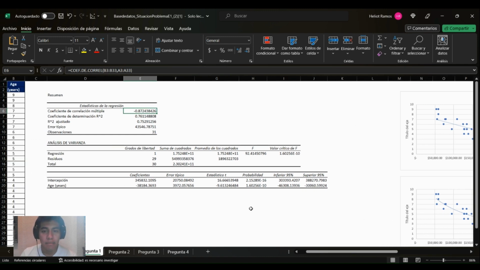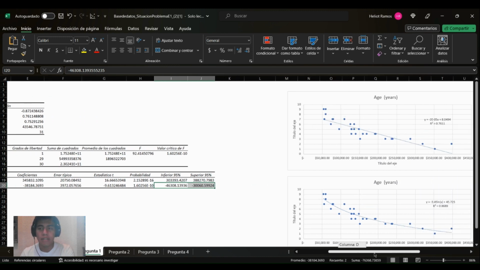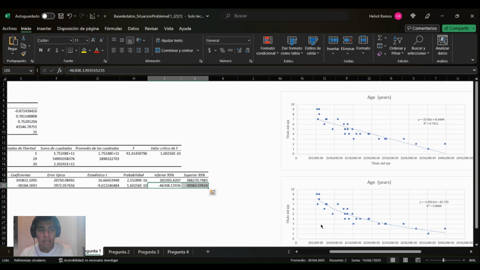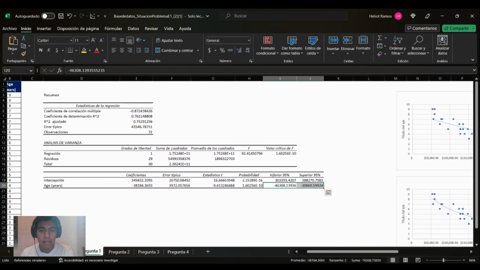This can also be very clear when we analyze the possible range of coefficients for this equation, primarily centered at this number right here.